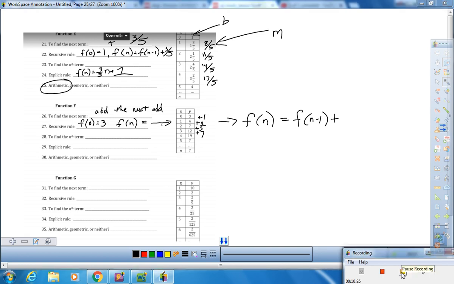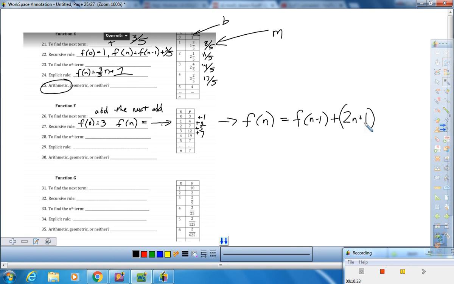Okay, so this is a real challenge, but I think you're adding 2n minus 1 every time. After 0, we added 1. No, it's 2n plus 1. Okay, that's hard.